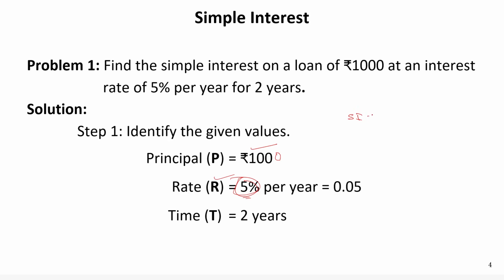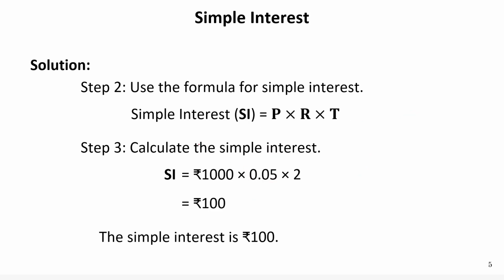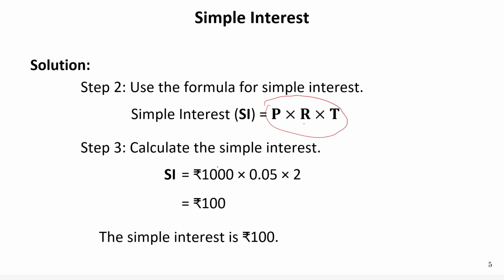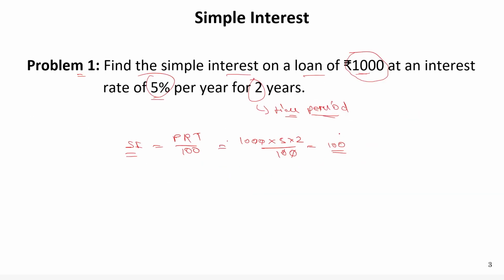Simple interest is equal to P into R into T. Time is given as 2 years. So let's use the formula PRT. Here R is taken in decimal form. So 1000 into 0.05 into 2 is equal to 100. So 100 is the correct answer, and we have also evaluated 100.